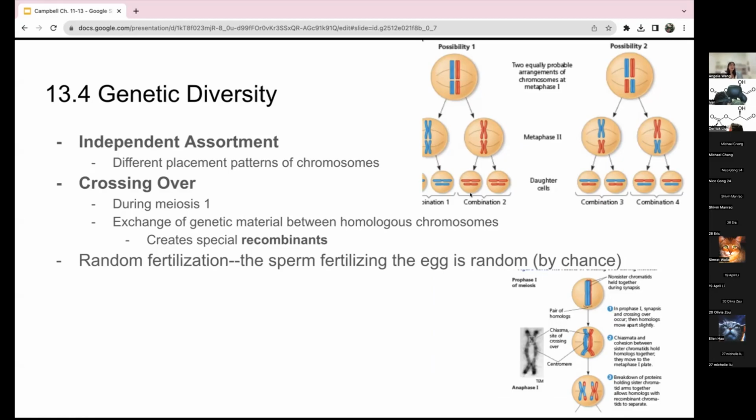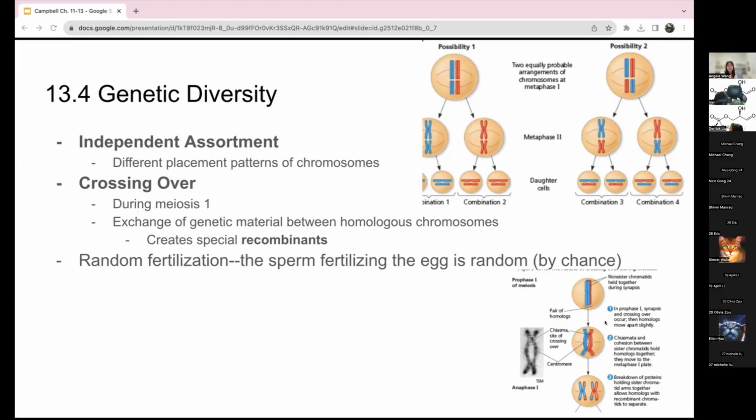So your gametes are not going to be genetically identical because of this, and this can create a variation that can be passed on to offspring. Lastly, random fertilization, which is random sperm with unique genetic material fertilizing random eggs, ensures the fertilization is by chance.